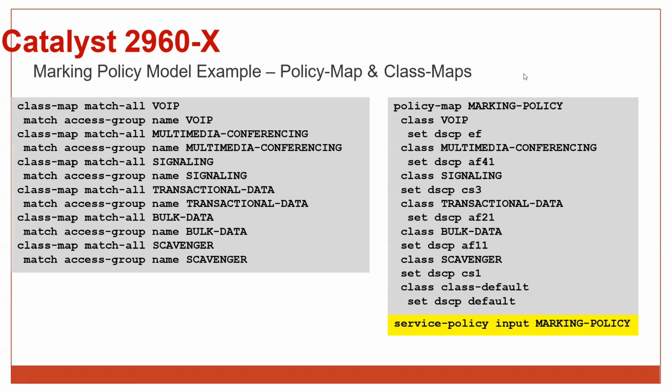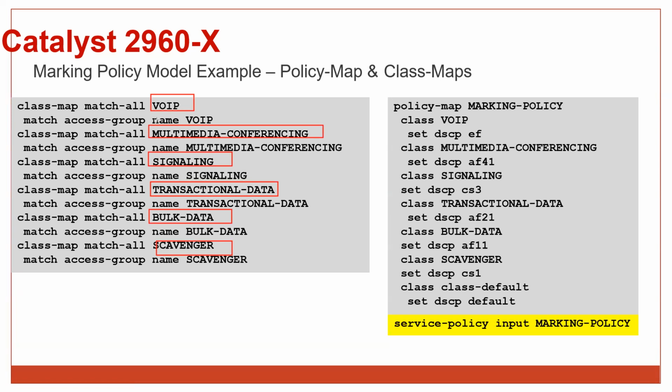So when we are creating the classes, you can see that we have the class related to VoIP, multimedia. These are the classes. Then signaling, transaction data, bulk data, scavenger. So 1, 2, 3, 4, 5, 6. 6 classes we have, right?